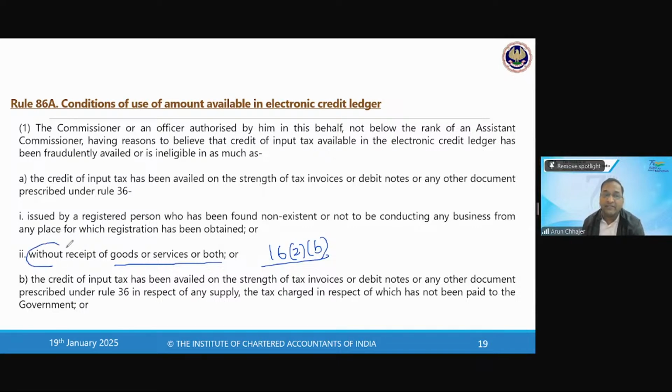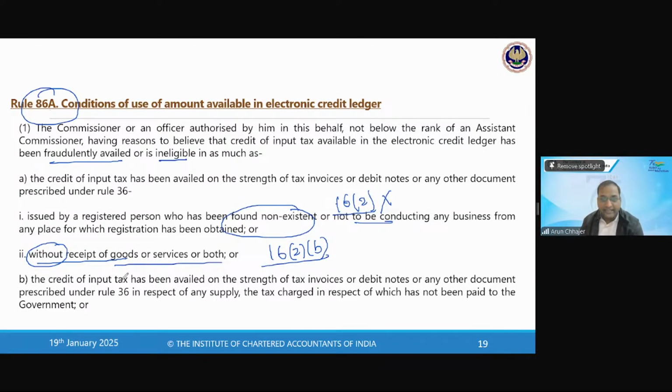So if you are receiving the goods or services, then only you can take the ITC. Without receipt of the goods, you can't take it. So obviously it is fraudulently availed or ineligible. But this is not a condition in 16 subsection 2. No, it is a new condition added in 86A.